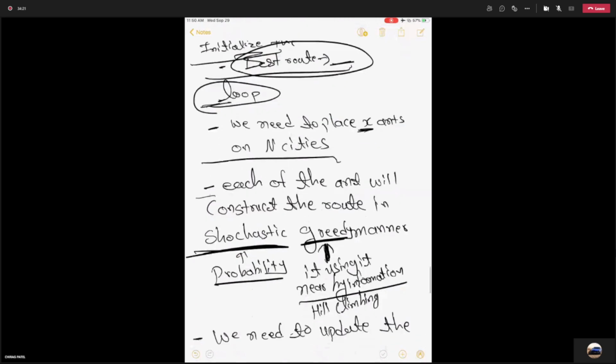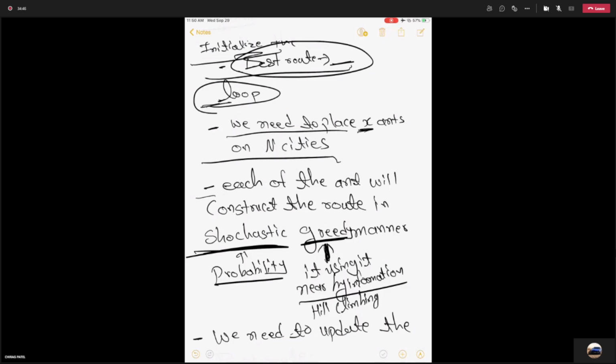This loop statement I wrote as a computer science person, right? Then we are initializing the ants to n different cities. X and N both are dependent on your problem, right? Then once you assign X ants to n cities, each and every ant is going to construct its own path.